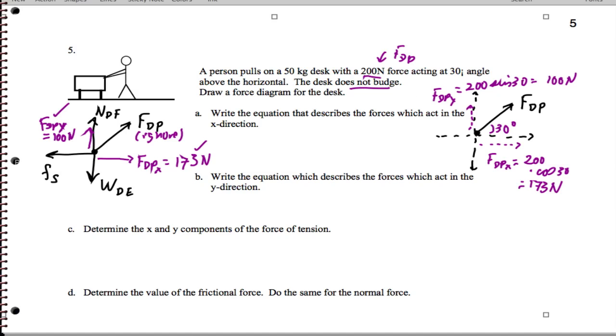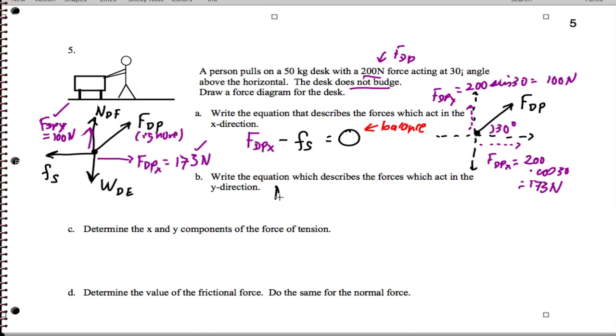So we write the equations down. We're going to have F dP in the x direction, and we have friction going backwards, and the effect is that those forces cancel out. Okay, this 0 means nothing happens. They balance. Now in the y direction, I read this off the picture.